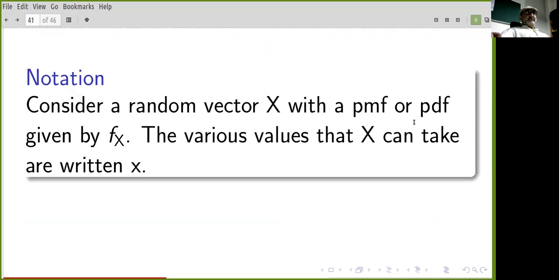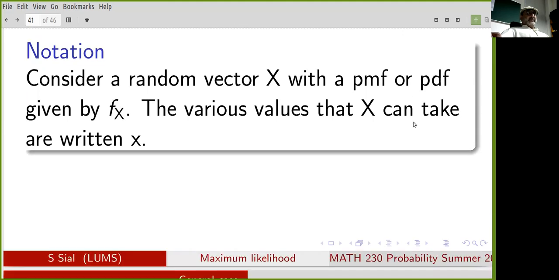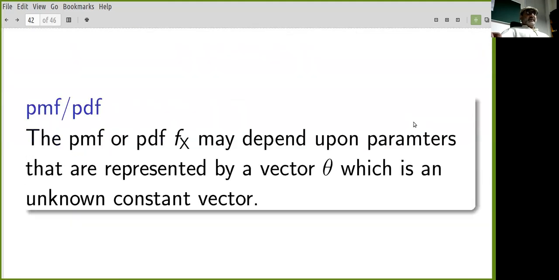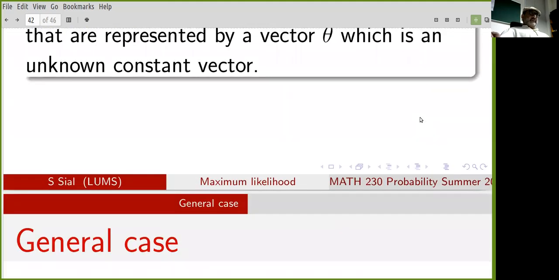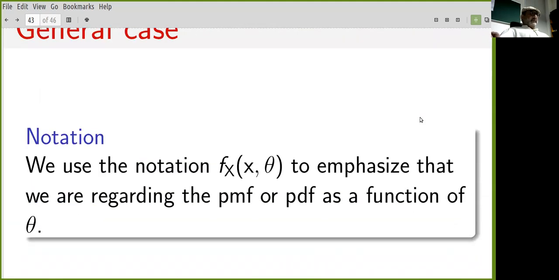So in general, you have a random vector x with a PMF or a PDF given by f sub x. The various values that x can take are written x. The probability or the probability density may depend upon parameters that are represented by vector theta, and these are unknown, and they're assumed to be constant.